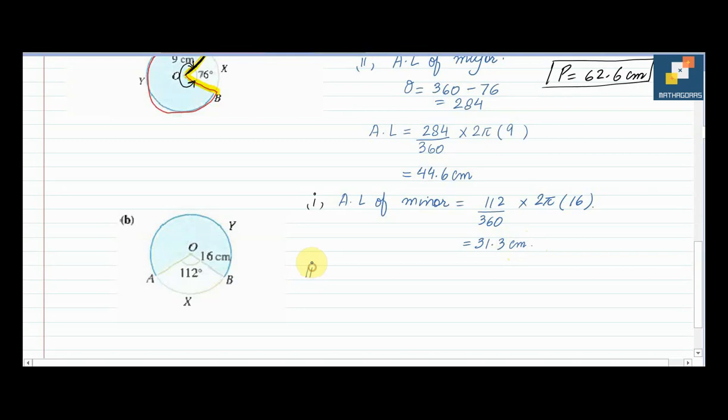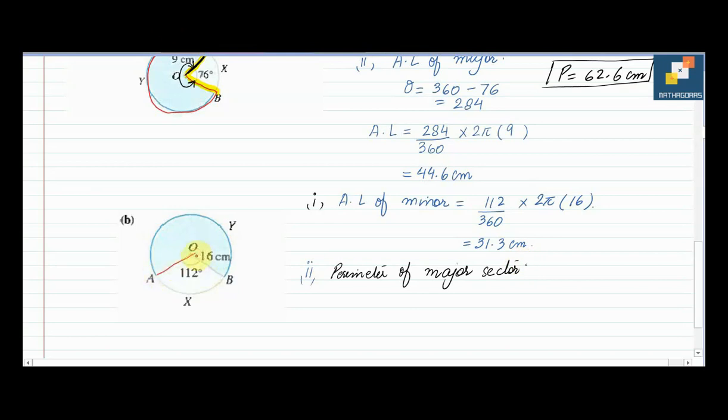For part 2, that is the same continuation of the question. So for part 2, you need to find the perimeter of the major sector, right? First I am going to highlight the lengths that we need to find.